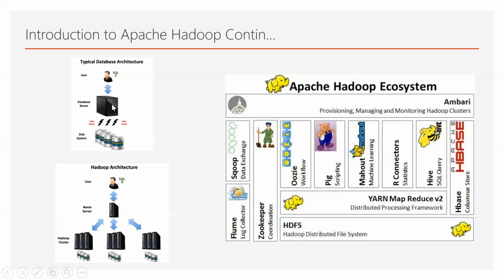This is the traditional database server architecture, earlier, not now. Whenever we want to increase performance or storage capacity, we just go and upgrade the server. It's called vertical scaling, where you upgrade the same machine with more configuration.